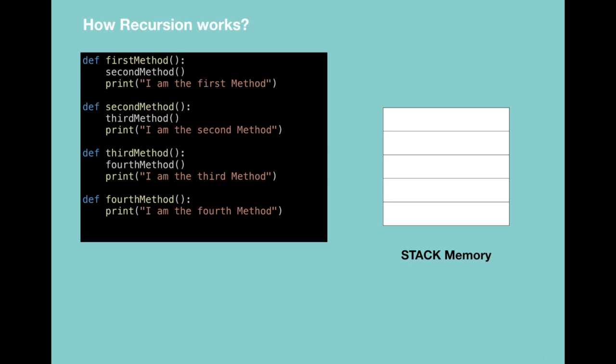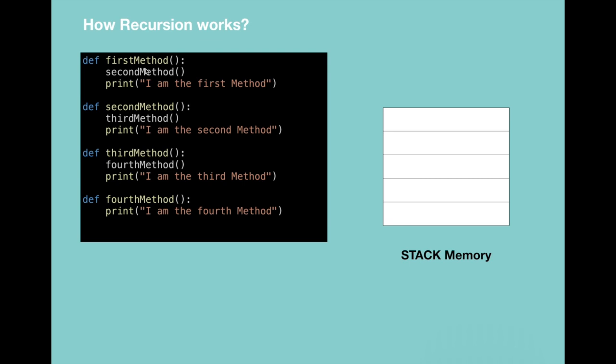Okay, here we start from the first method. As soon as we call the first method, the first statement that we see within the first method is to call the second method. So the control goes to the second method. After completing the second method, it needs to come back to the first method to execute the print statement after the second method call.